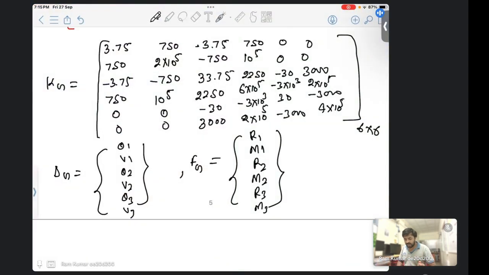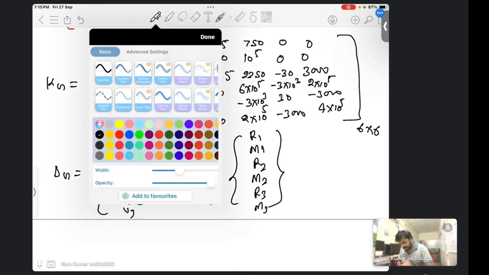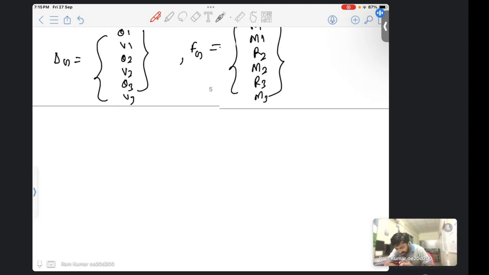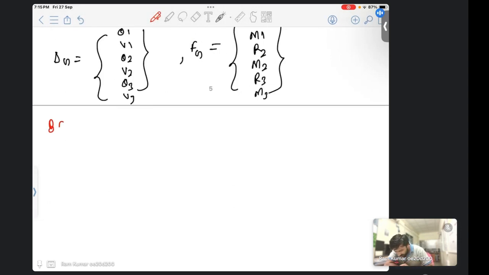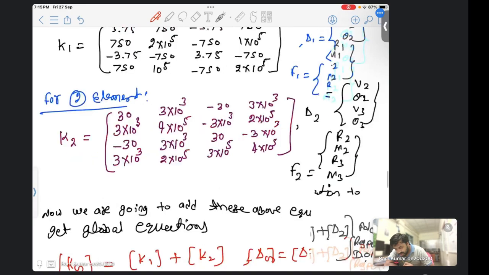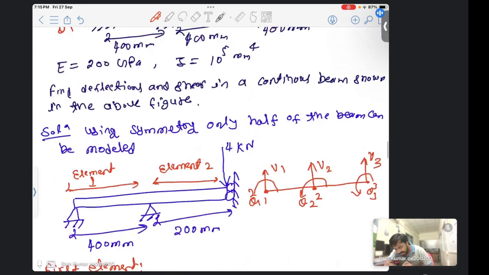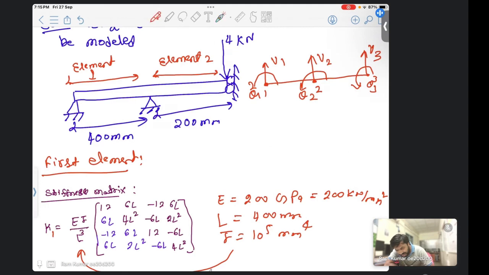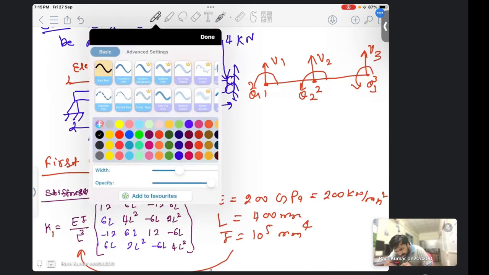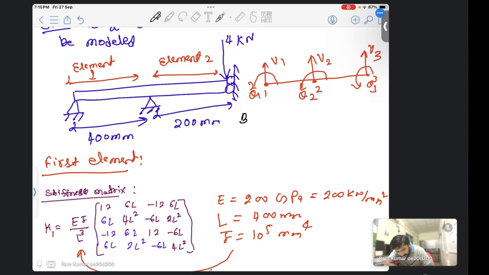Now what we have to do, first thing we have to check is the boundary condition. So we will go back again here and check what the boundary condition is. We are getting it from here, at node 1, node 2, node 3. Okay.